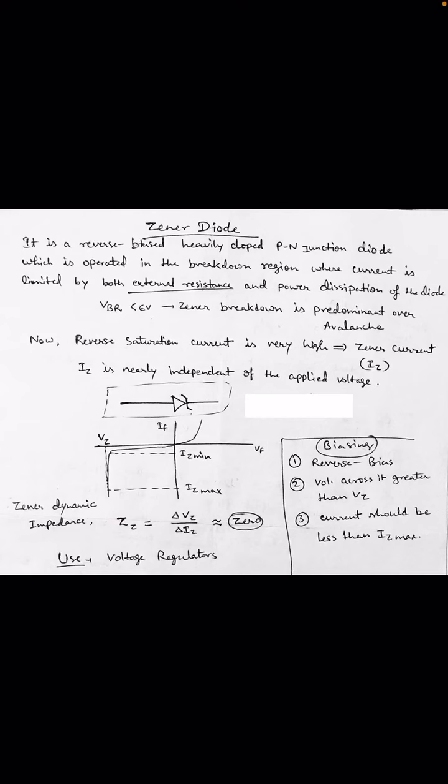Also, because now the concentration of free charge carriers is very high in N type and P type semiconductors, when both are joined, when there is no bias, then because of the gradient of the concentration, diffusion occurs. Diffusion means movement of charge carriers from one side to another side.